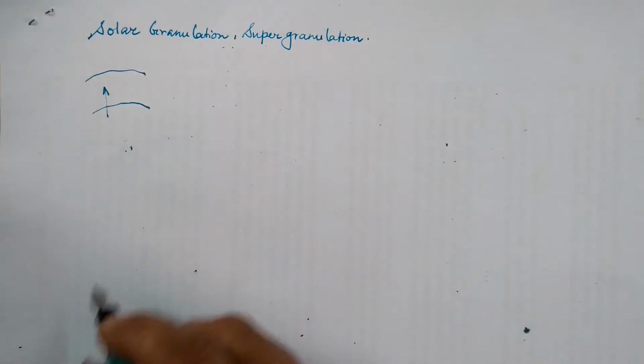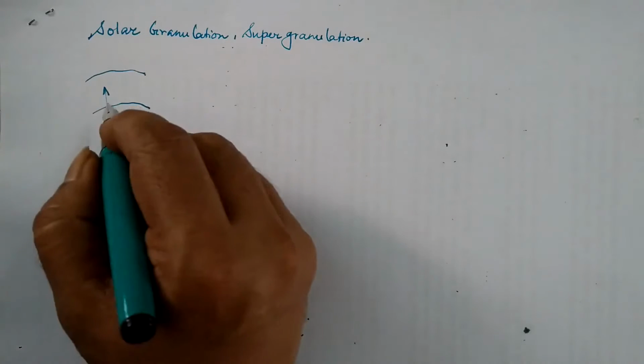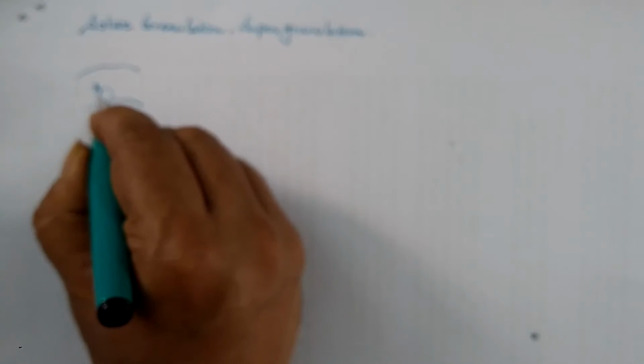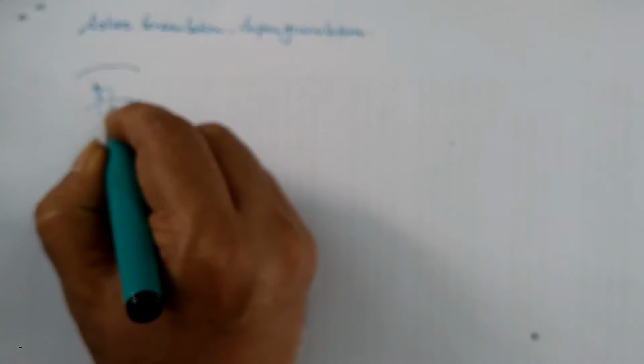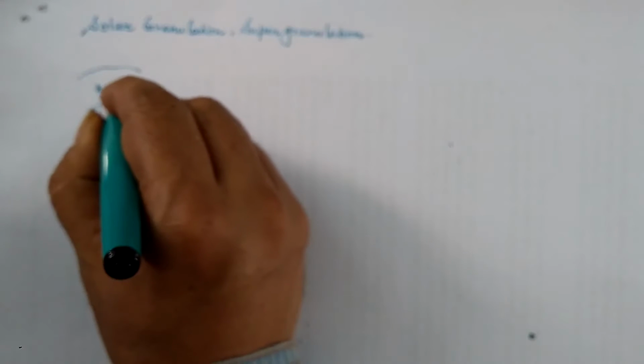This is the radiative energy that goes up to the photospheric level. It has to be supplemented by convective transport of energy. So something like this. The convection of energy.